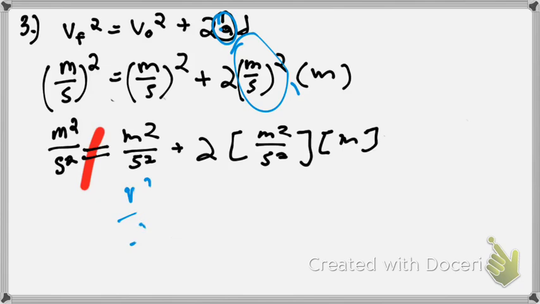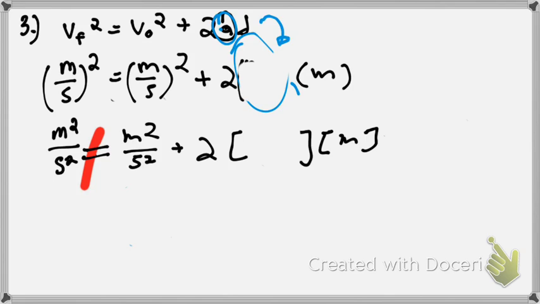So this third equation, we did something wrong. So let's go ahead and correct that. Let's go ahead and change this right here. What is the units for acceleration? It's meters over seconds squared, right?